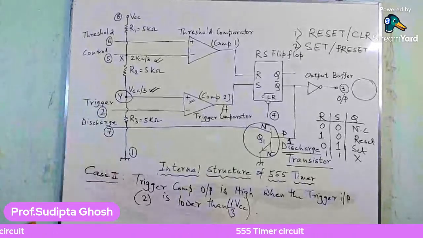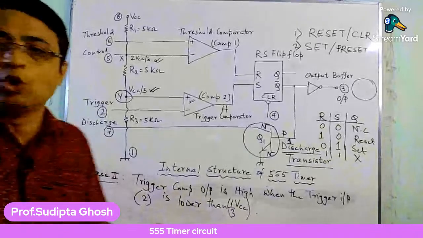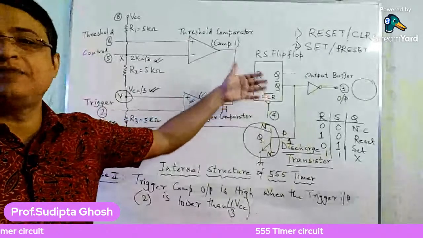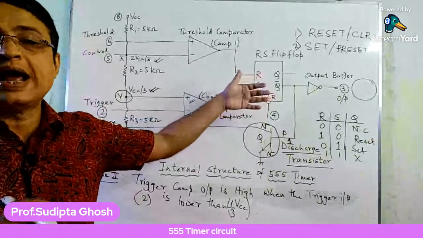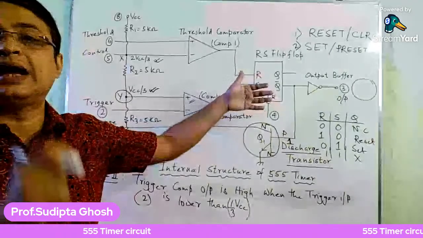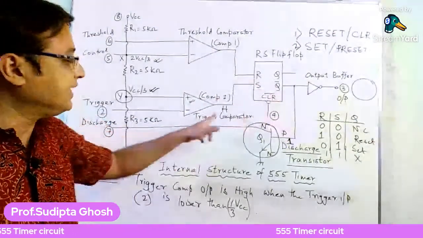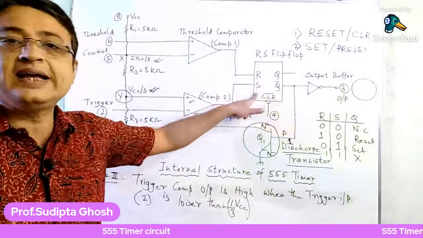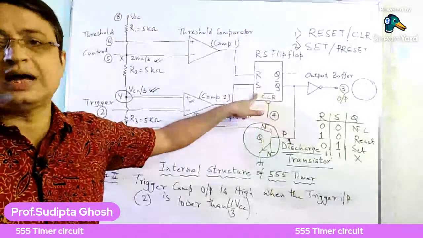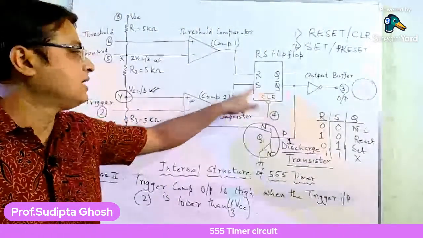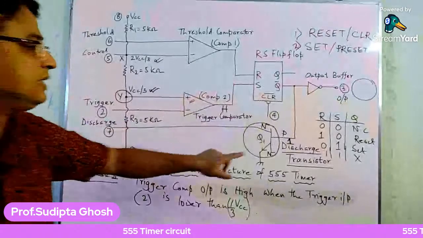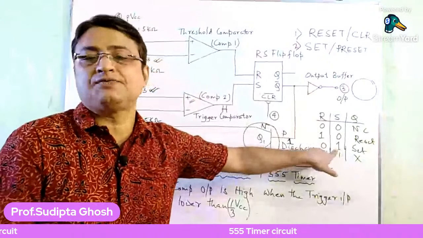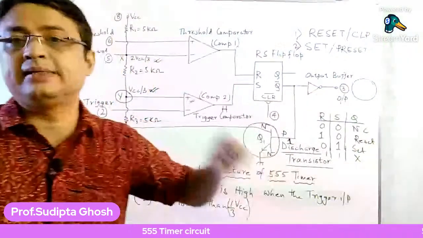Okay. So now the trigger comparator output goes high. This high is transmitted to the SR flip-flop, at the set terminal, the S terminal. When the set input is high for an RS flip-flop, the output will be in the high state.